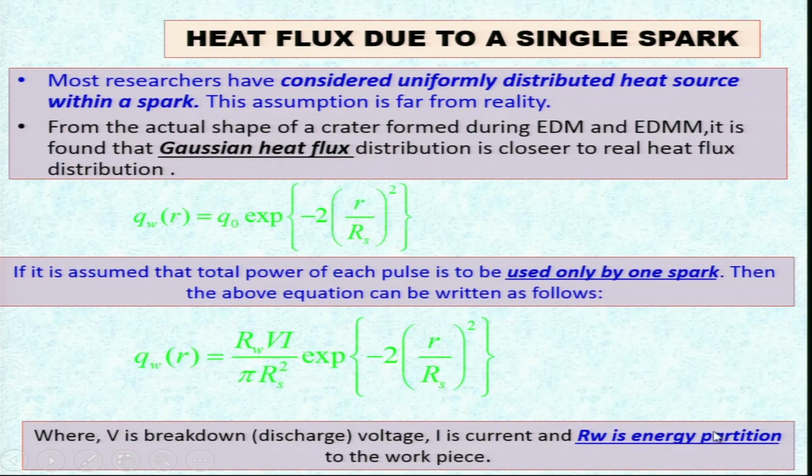In the last class we have already discussed that different researchers have given different partition energy in different cases, especially how much percentage of energy is going to the tool, how much is going to the workpiece, how much is convected away, and this partition energy will determine all your calculations.